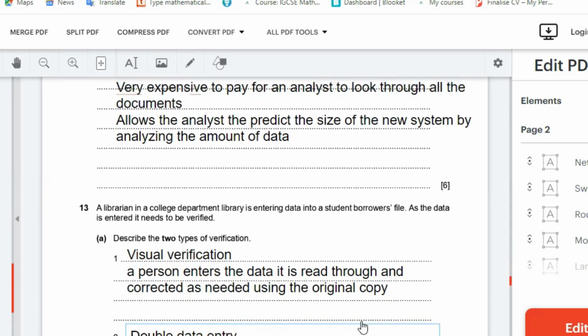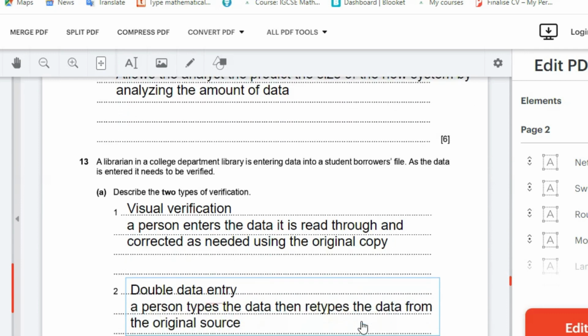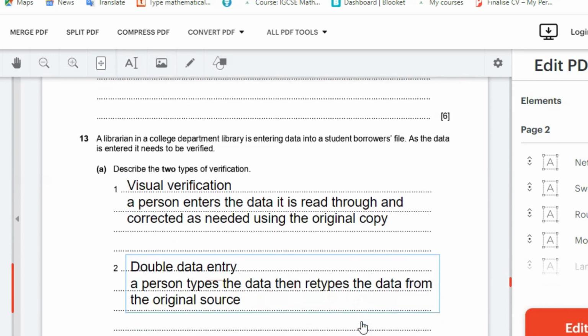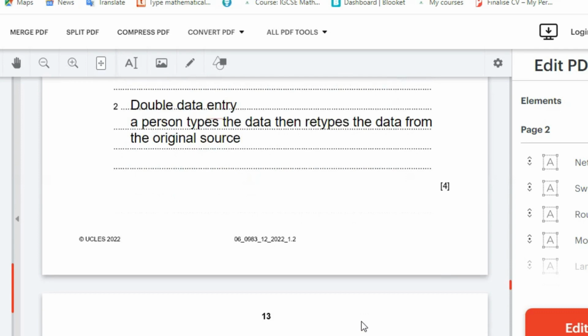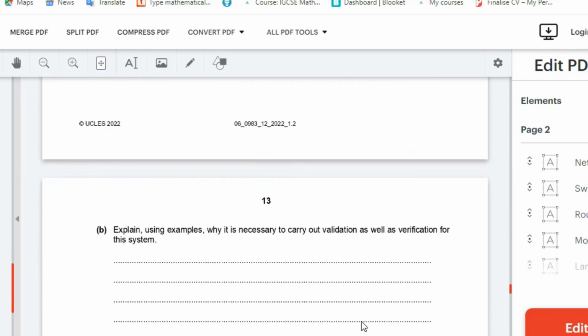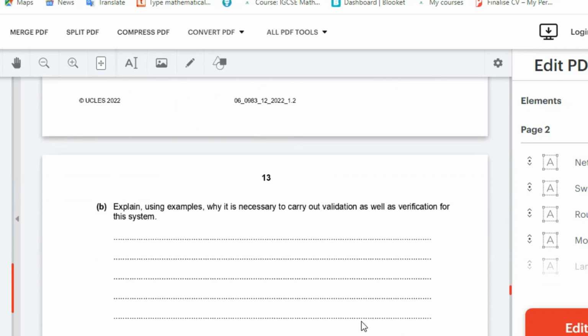Just like the name, double data. What this implies is that a person types the data, then retypes the data from the original source. Or a person can type it while another person will type the data from the original source. So let's go to question 13b.